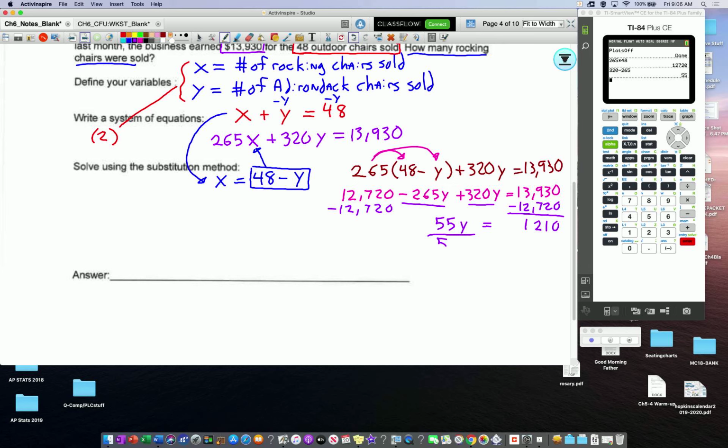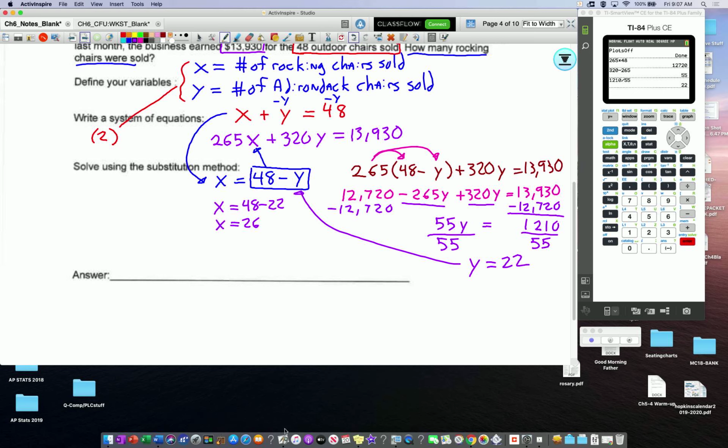Now I can divide by 55, and 1210 divided by 55 should be y equals 22. Okay. So if y equals 22, what I can do is plug that back in here. X will equal 48 minus 22, which is 26.